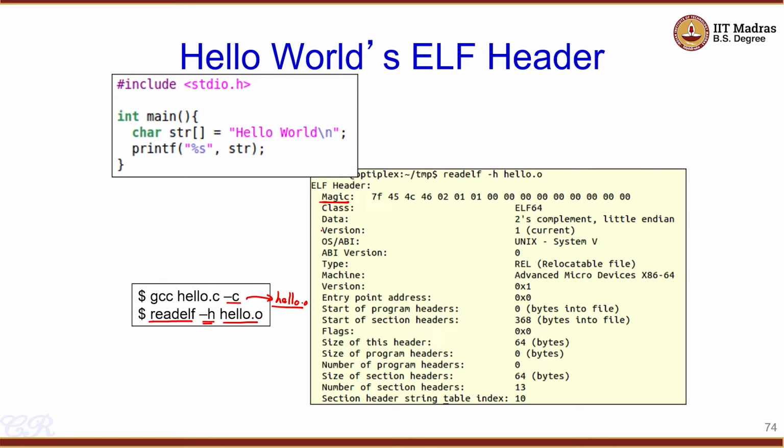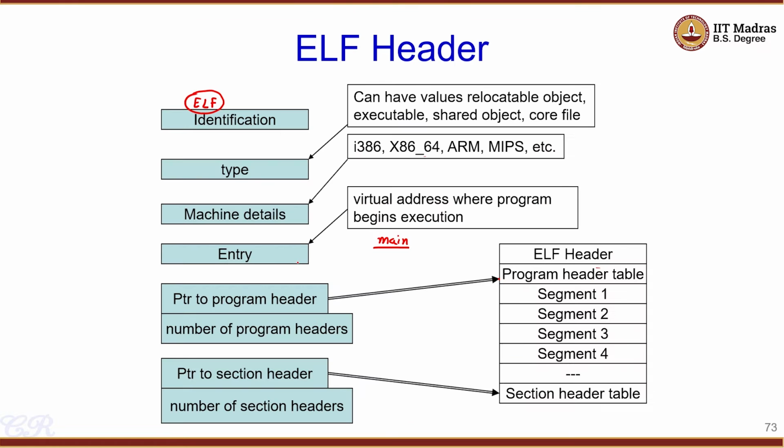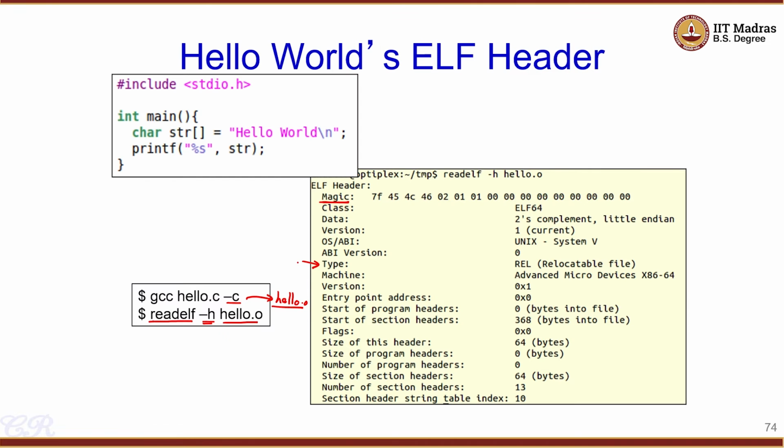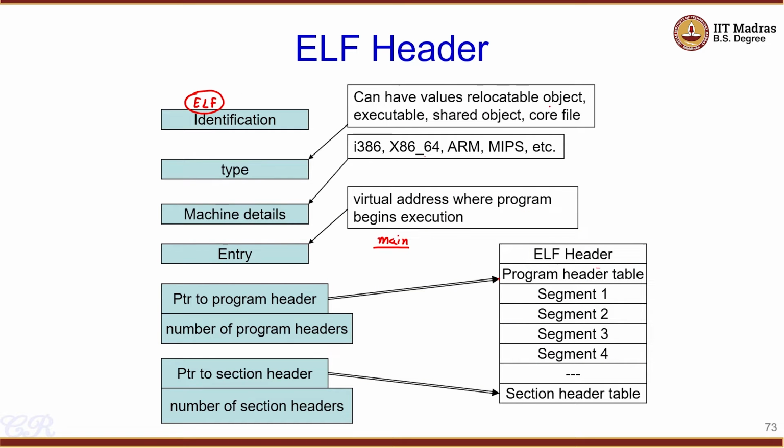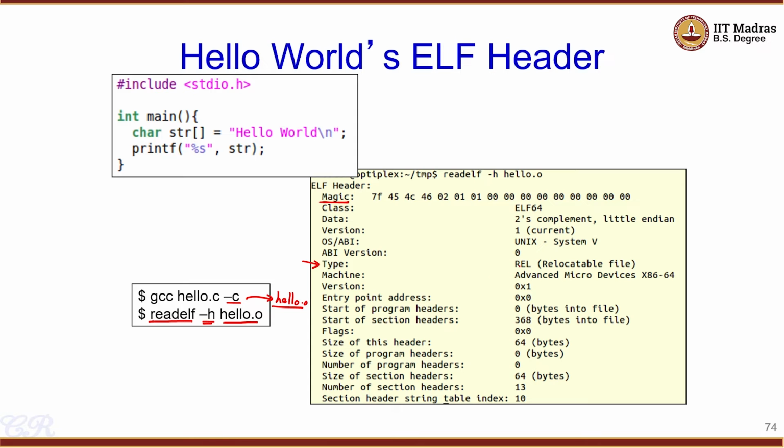Other important things, for example, over here, is the aspect of type. As we have mentioned, the type could be an executable, a relocatable object, a shared object, and so on. Here, the type is a relocatable file, right? By relocatable file, it indicates that it's an object file, and object files are relocatable.